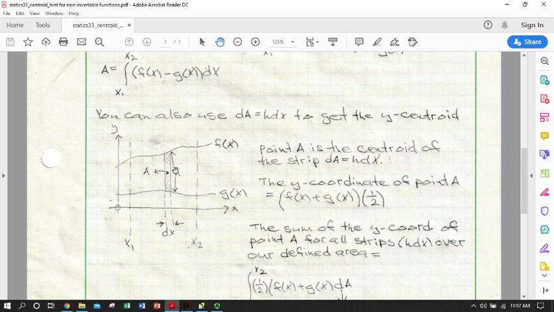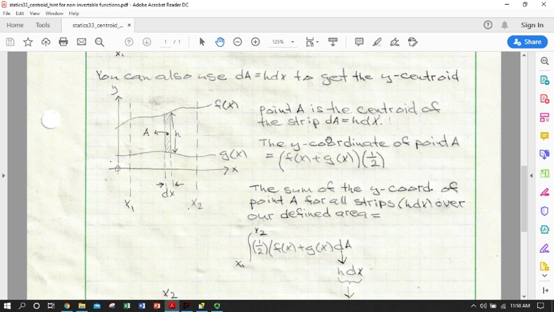We'll define point A as the strip centroid. So it's the centroid of a strip that has its own dA. The strip area is h times its width, dx, and the strip centroid is A. So we can say the y-coordinate of point A for any strip is f of x plus g of x times 1/2.